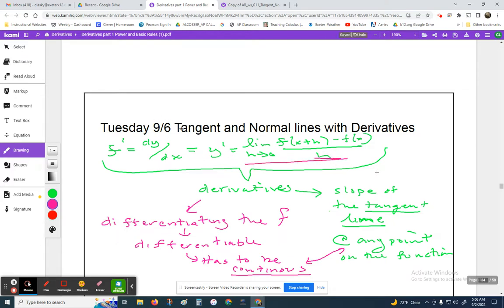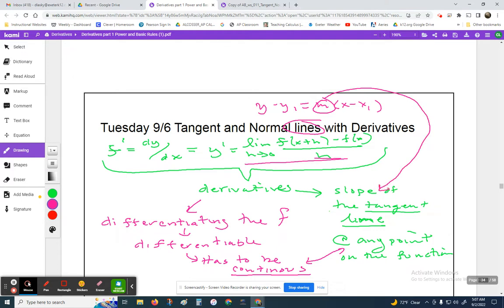At the beginning of the year, we were doing equations of lines with y minus y1 equals the slope times x minus x1. And so I'm trying to bring you full circle here because I got a little bit of time. Look, here's our slope.